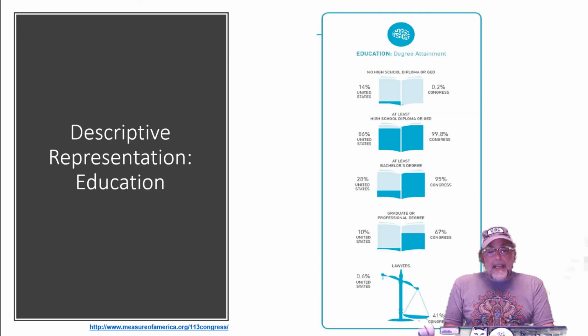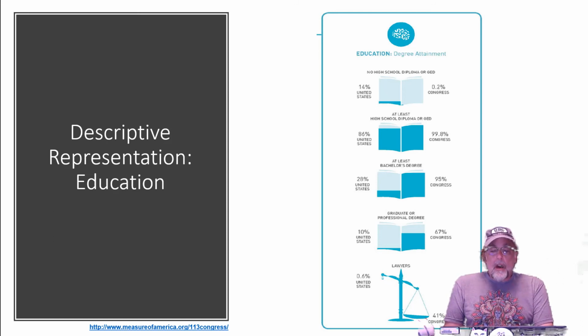Moving on to education, there are big differences in levels of education. So let's look at people who have gone to college, who have earned a bachelor's degree. In the United States, according to this graphic, 28% of Americans have achieved a bachelor's degree.